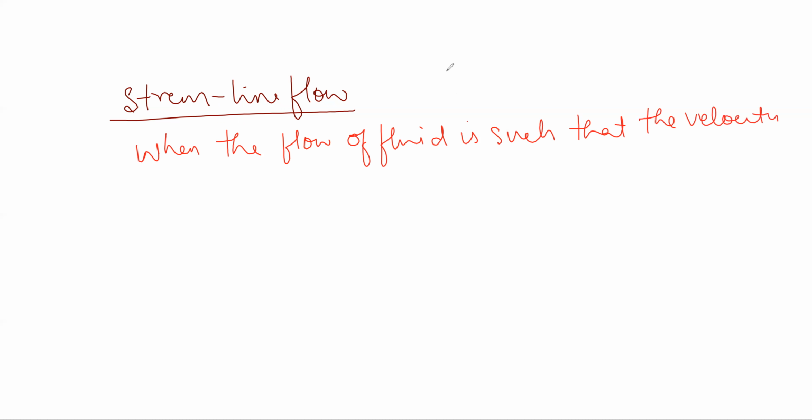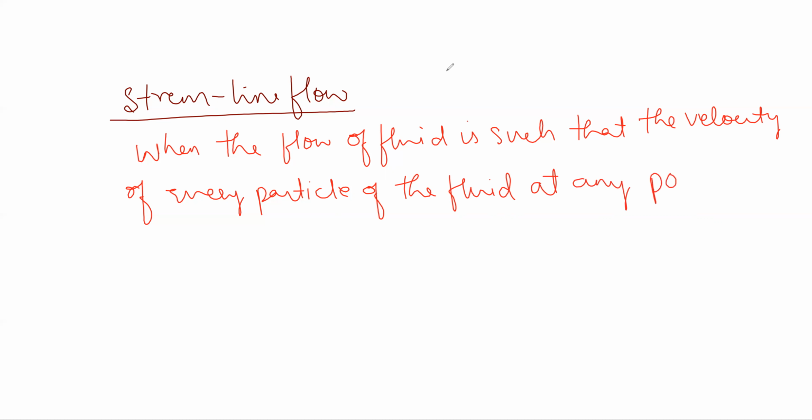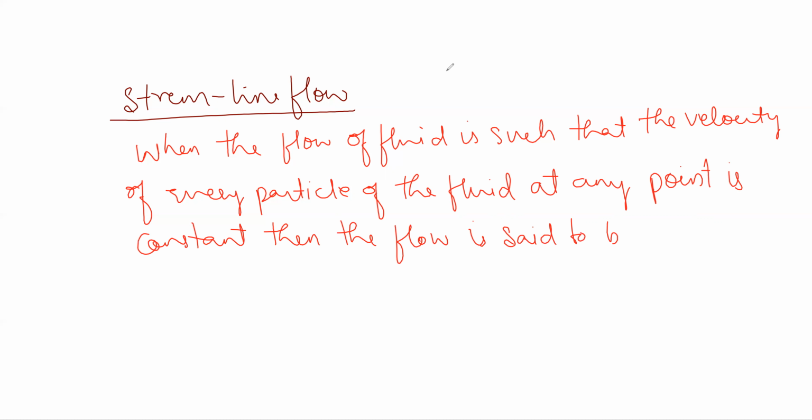When the flow of a fluid is such that the velocity of every particle of the fluid at any point is constant, then the flow is said to be steady, or you can call it streamline flow.